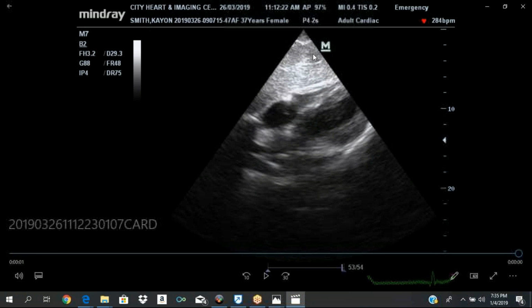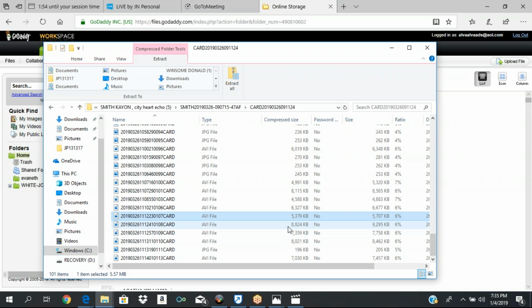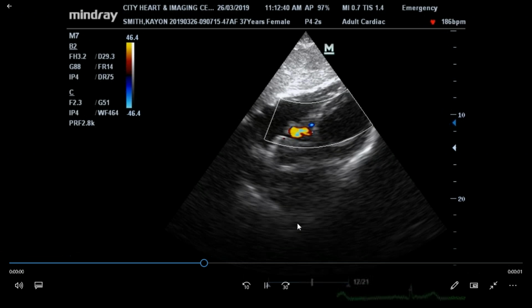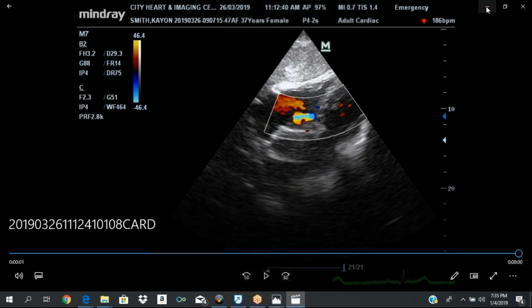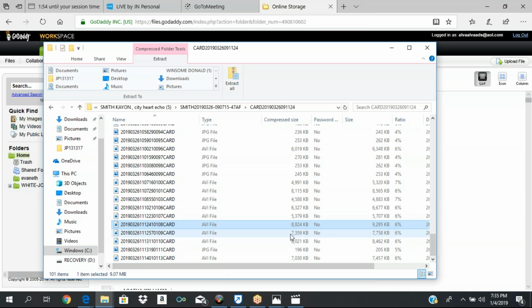And then if you have to look at the IVC, how it drains into the right atrium, you have to do the necessary rotation to get that. So that's your subcostal. So your probe, of course, goes in the subxiphoid area.